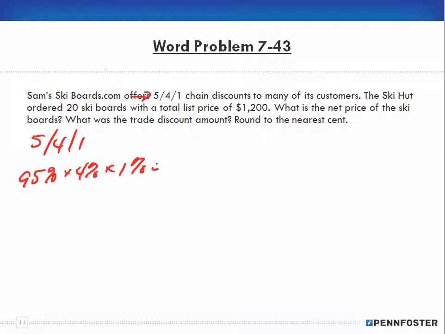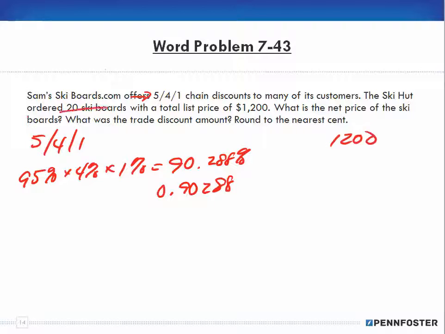And that's going to end up being 90.288%, or the decimal equivalent of 0.90288.